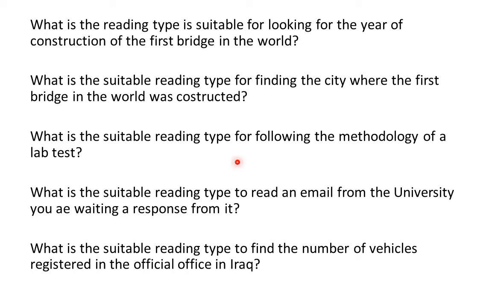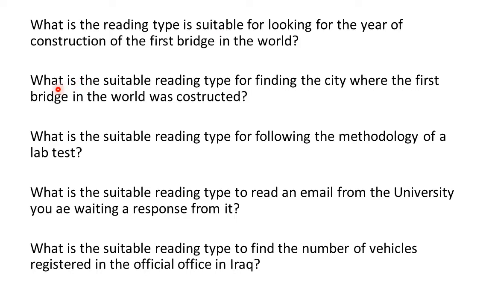The first question, what is the reading type suitable for looking for the year of construction of the first bridge in the world? This question is about the year of construction, it is about a date. In order to find a date, the suitable reading type is scanning.